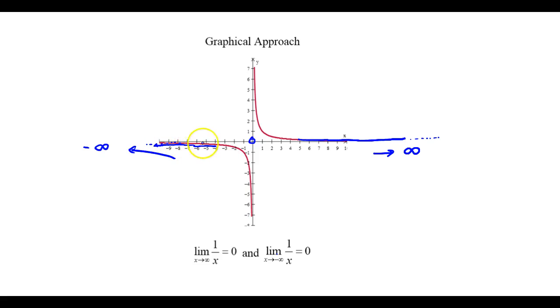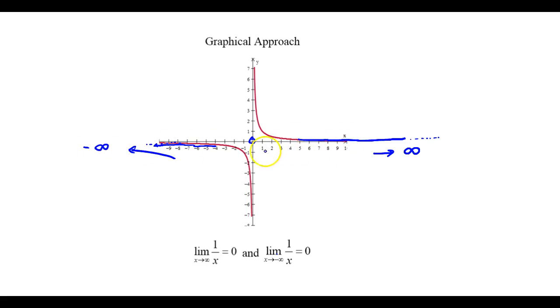Notice I've been using this word approaching, and I did say that we should know that there's a horizontal asymptote here at y equals 0. So let's recall what an asymptote is. An asymptote is a line that we approach towards the ends of the function. The ends of the function are when we head towards positive infinity and negative infinity.